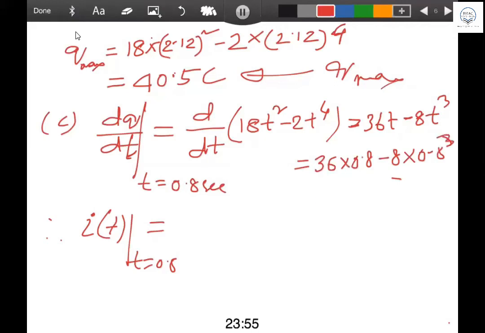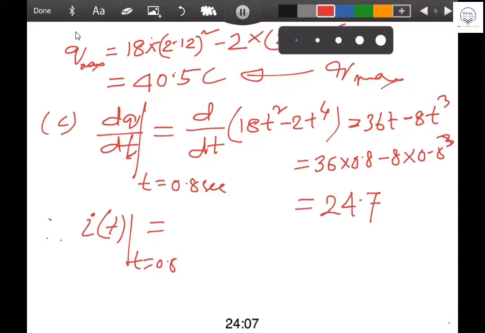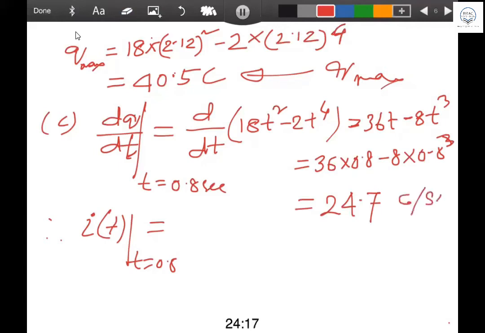What is that? 24.704. Okay, 24.7 is enough. What is the unit, which is very important? Ampere. Since it is q by t, the unit is coulomb per second. Last class we saw that coulomb per second is nothing but ampere also. So 24.7 coulomb per second, or ampere, whatever you write.